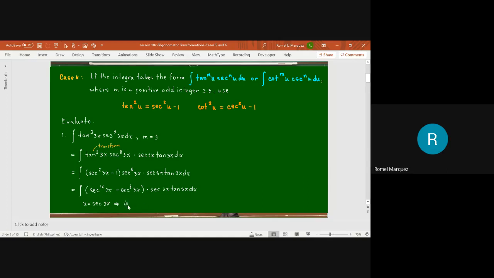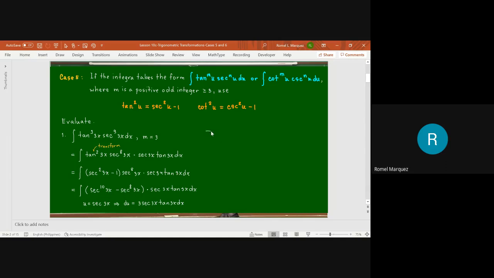So what is the differential of u? What is du, guys? So 3 secant of 3x tangent of 3x. Am I right, guys? Yes, sir, there is a missing 3 here. And actually, it is now a u, no?